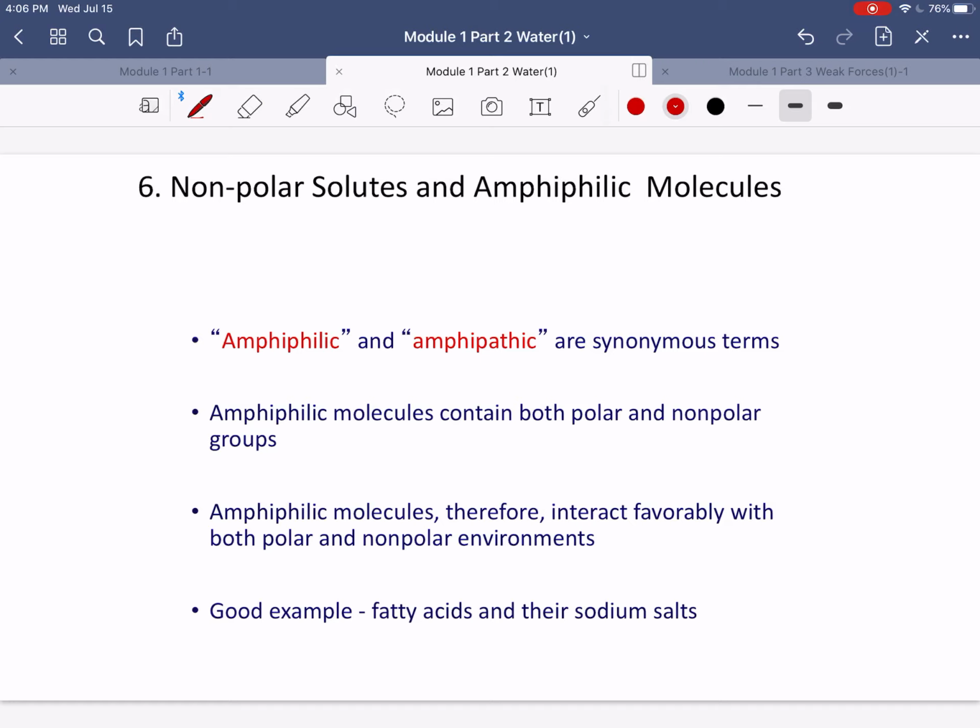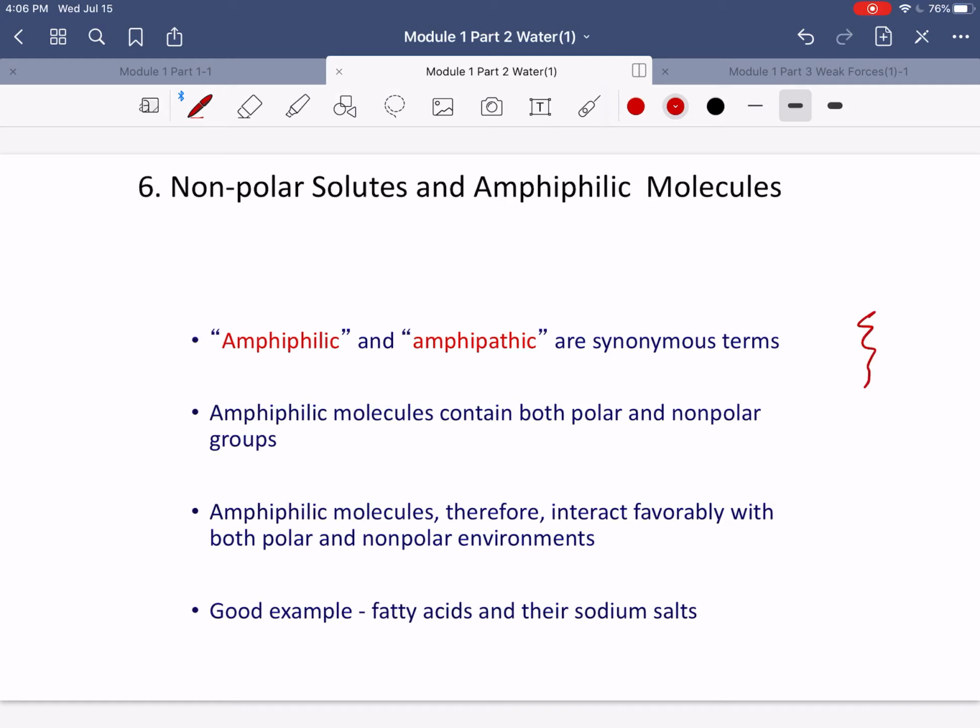Amphi meaning partial, so it could be partially water loving and partially water hating. Philic would be love, and pathic would be hate, right? Amphiphilic and amphipathic are synonymous terms for the same thing.